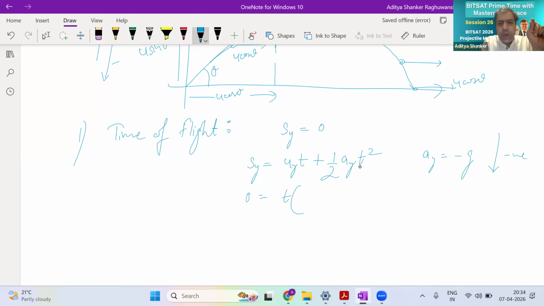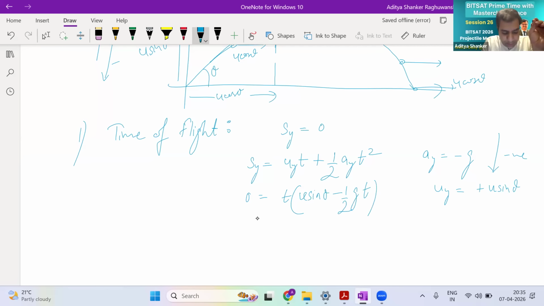I'm going to take uy as plus u sine theta. Are you getting, my dear friend? Because it's in the y direction. What is the uy means? Velocity in y direction. That's what I want to do.